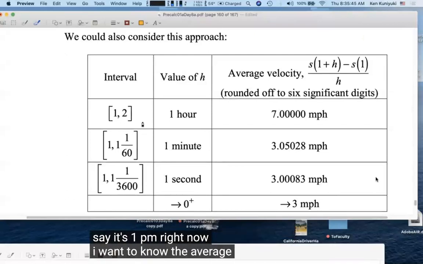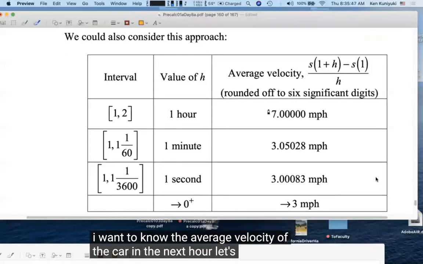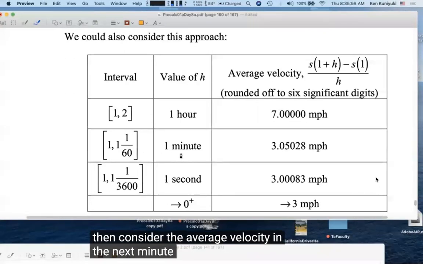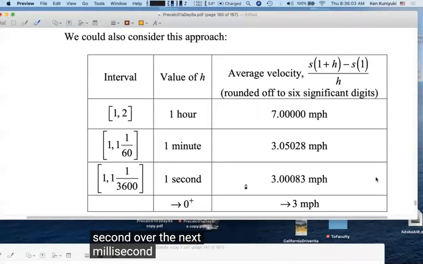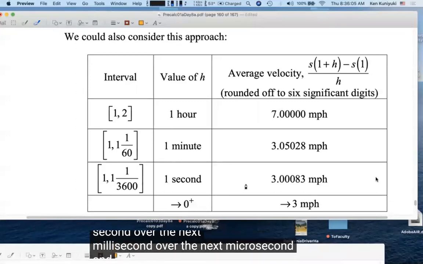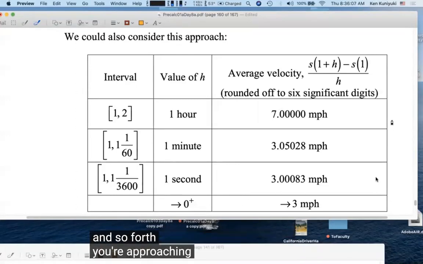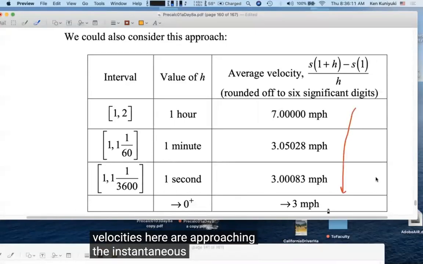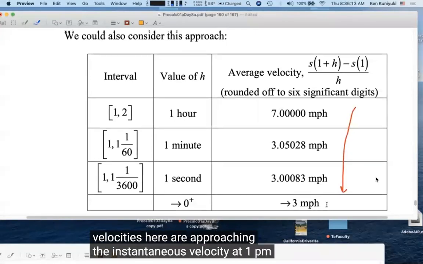I want to know the average velocity of the car in the next hour. Let's say it's 7 miles per hour. I'm driving in a parking lot. Then consider the average velocity in the next minute from 1 p.m. to 1:01 p.m. The average velocity over the next second, over the next millisecond, over the next microsecond, and so forth. The average velocities here are approaching the instantaneous velocity at 1 p.m.